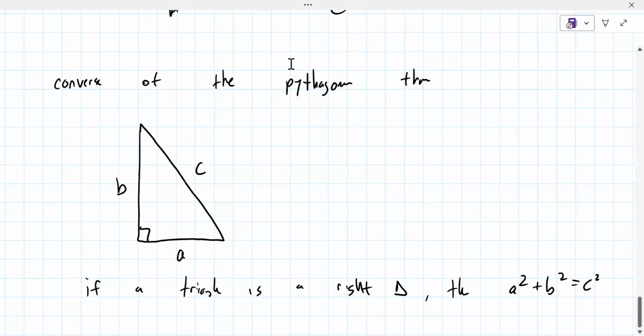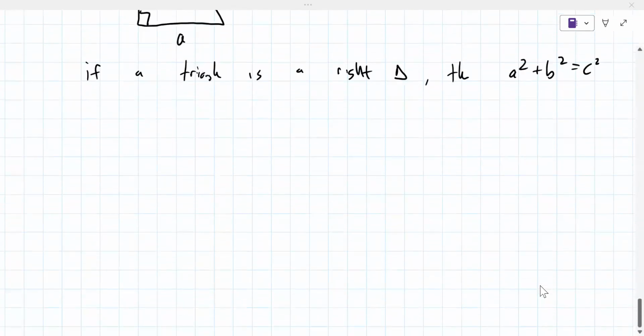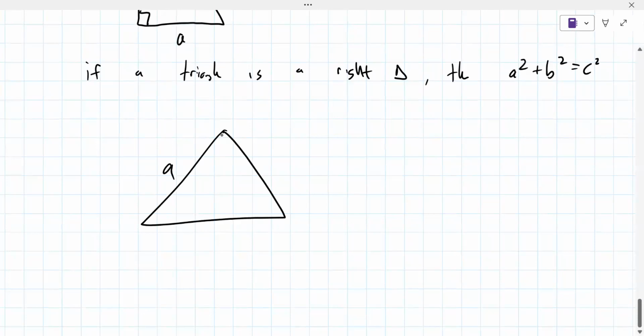Now this converse comes up a lot in proofs, and it's essentially working it backward. Let's say you had a triangle A, B, C, and you found that a squared plus b squared equals c squared.